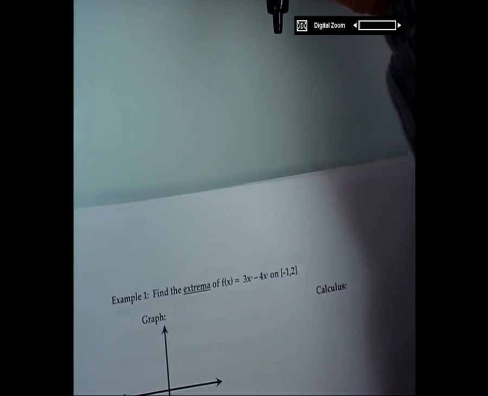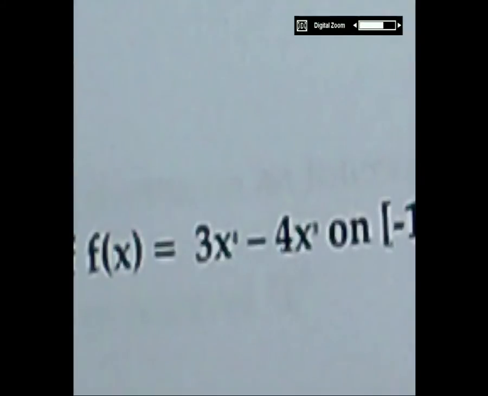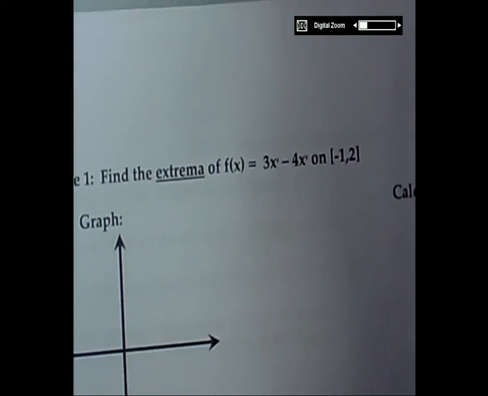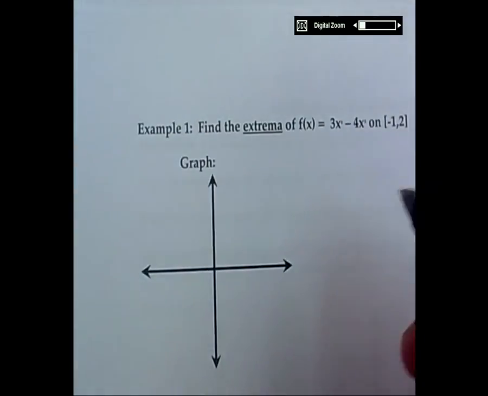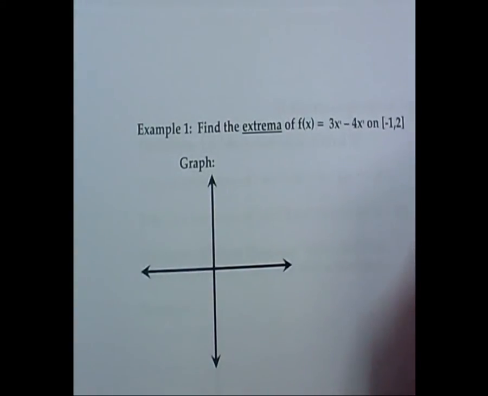I can't even see what this says. I think it says 4 and 3, correct? So I do it a little bit backwards. I'm going to put the left endpoint in. I put in -1. So I have 3 times -1 to the 4th minus 4 times -1 to the 3rd.